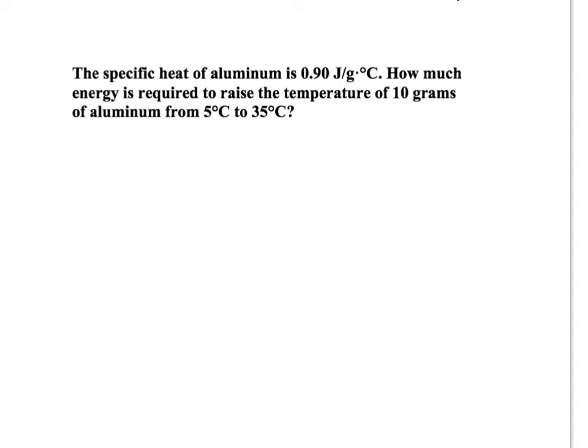So the first thing I'm going to do is list all my variables on the side. I know I'm going to need to find Q. I know that I'm going to need to find a mass, or be given a mass. I know I'm going to need specific heat.